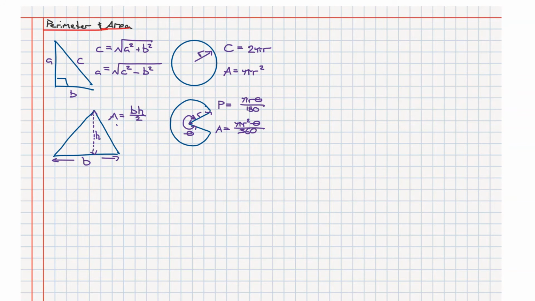Now, two more shapes that I'd recommend putting in are the kite, and we'll call this side P, and we'll call this one Q. And the area of a kite is going to be, or it's not going to be, it is half P times Q. And similarly, we're going to go a trapezoid.